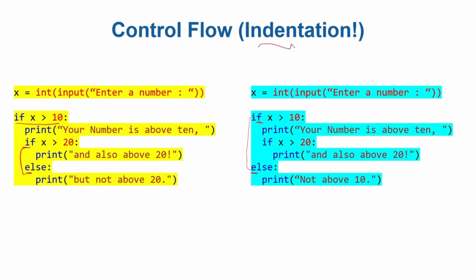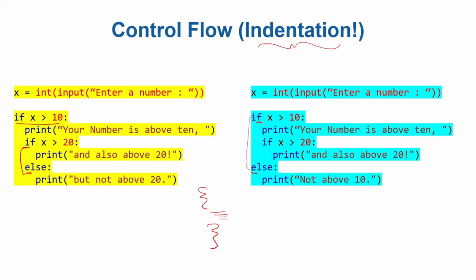So remember the power of indentation. This is the indentation that defines which part belongs to what kind of block or structure in Python. In other languages, for example in C++, they normally write curly brackets to define a block, and their indentation doesn't really matter. But in Python, it is the indentation that actually defines everything.